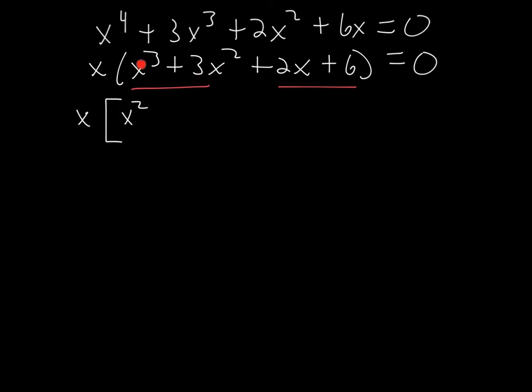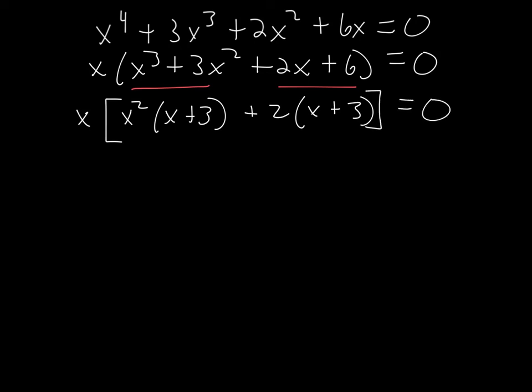There's an x squared in both of those. So that's my GCF, and I'm left with parentheses x plus 3. The other one has a GCF of 2. There's a 2 in both of these. So I'm going to put a 2 out front, and I'm left with, once again, x plus 3.